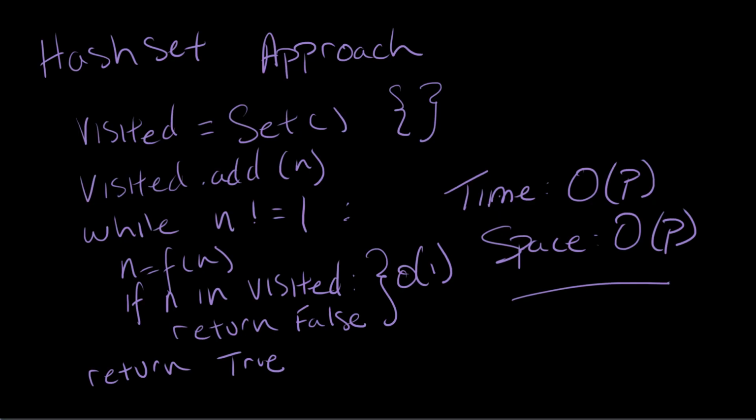And so this time complexity cannot get better. We can't look halfway down the path and know. But the space complexity can be better. We don't necessarily have to remember every number we took to get there. We only need to know that we reached a path. So let's take a look at that.